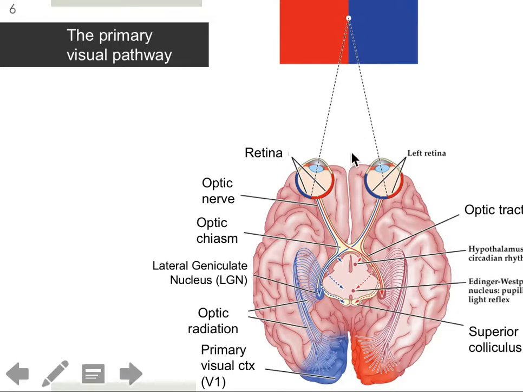So that starts with the level of the retina, of course, and the retina is sensitive to information both from the left visual field and the right visual field, right? And so both visual fields hit both sides of both retinas, and then from the level of the retina, the information goes through the optic nerve, right?